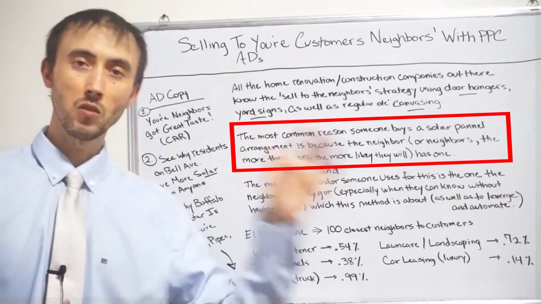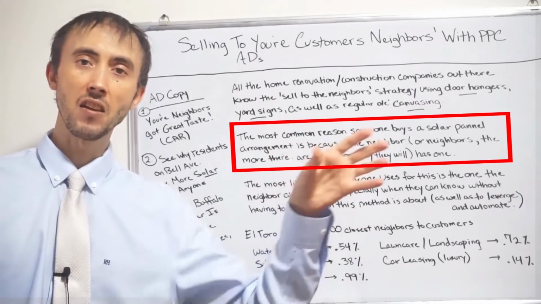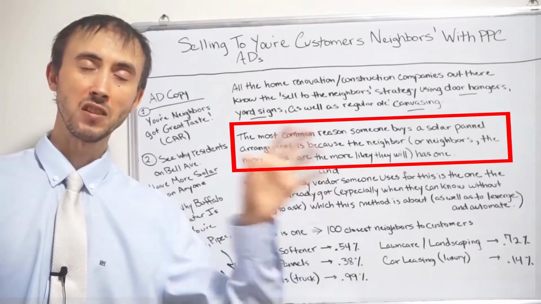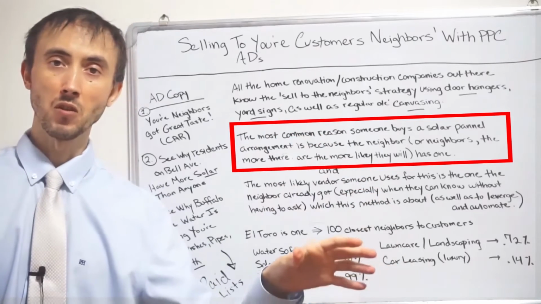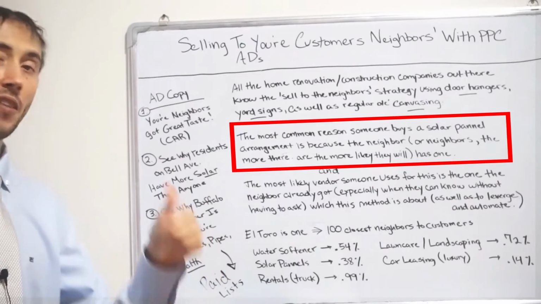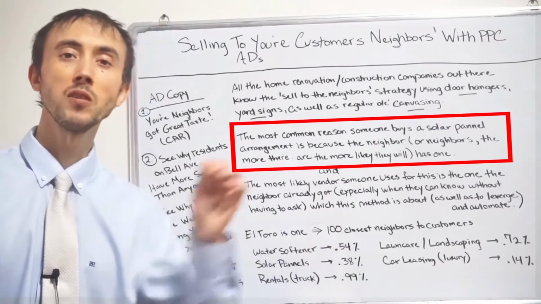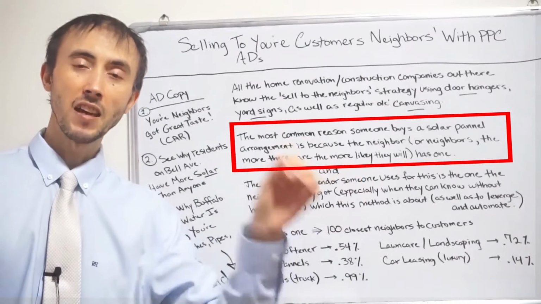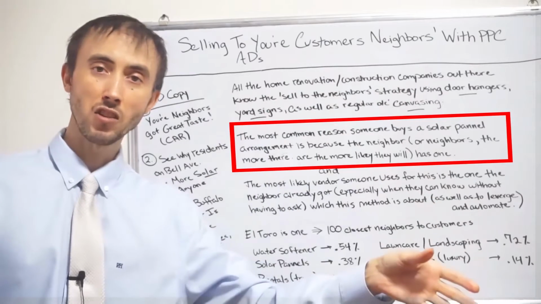So like I said, they're most likely to buy a lot of products or services out there if their neighbor's using it. That's number one. And then who are they going to use? On top of that, they're most likely to use who the neighbor actually used.